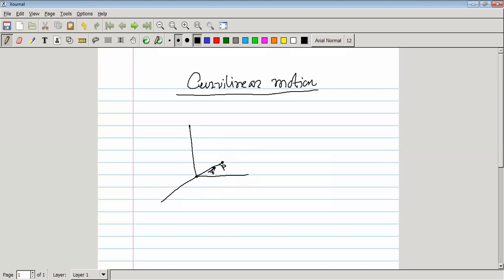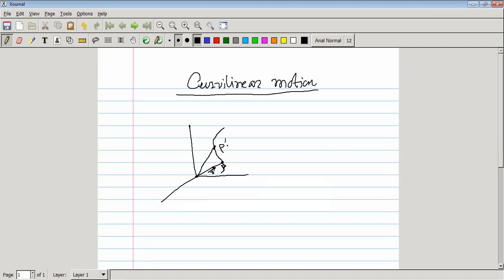An r vector means the coordinate of that particle, and if that particle moves in this direction, the new position of that particle is suppose this one, p dash. Clear? It moves following this path. This is not a straight path, right?